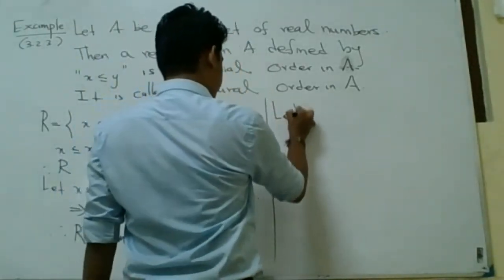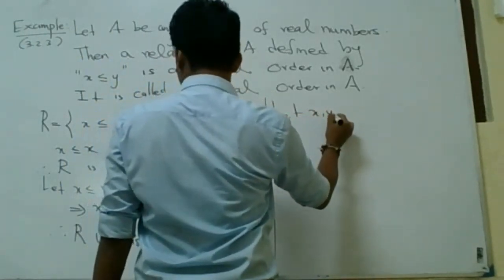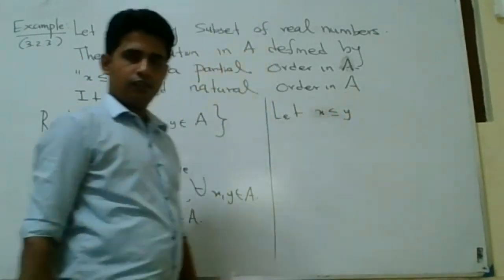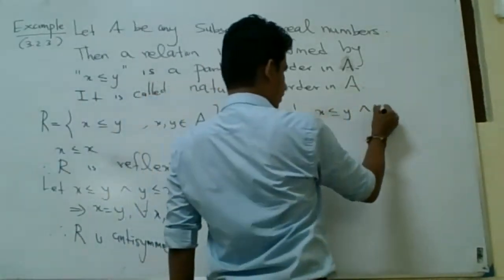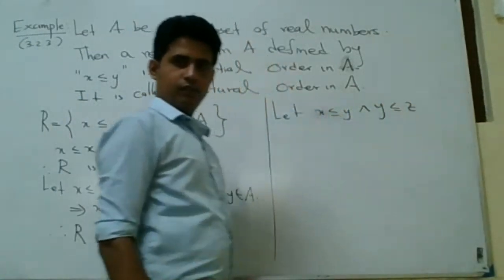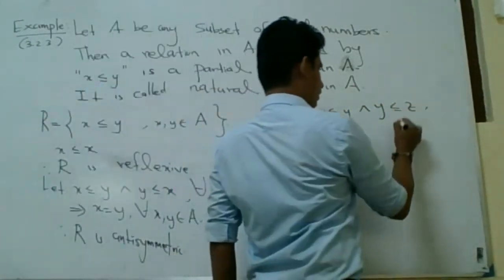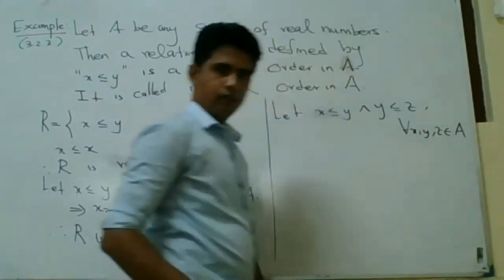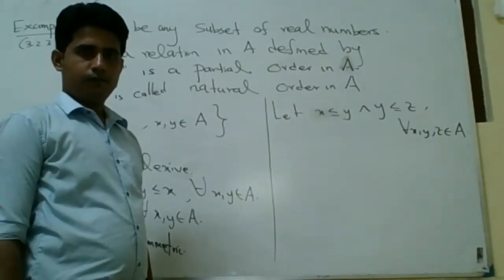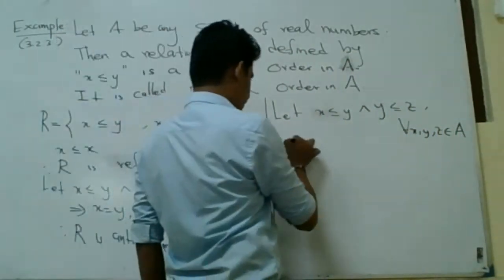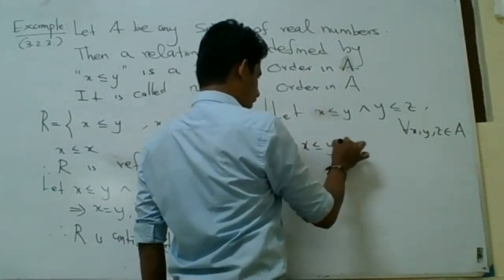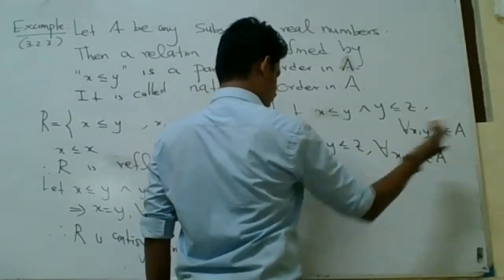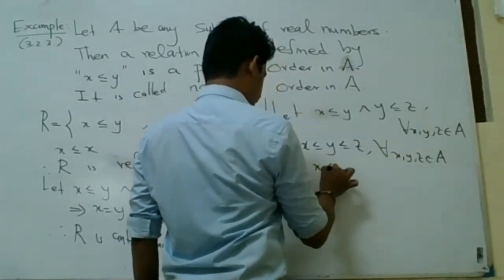Remaining, you want to show the transitive, which is obviously true because suppose let x less than or equal to y, and y less than or equal to z, for all x, y, z belong to A. Therefore, x less than or equal to y less than or equal to z. Therefore, x less than or equal to z.